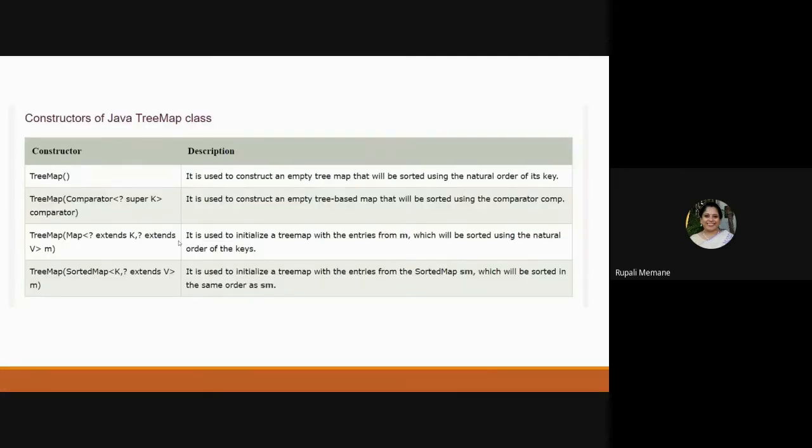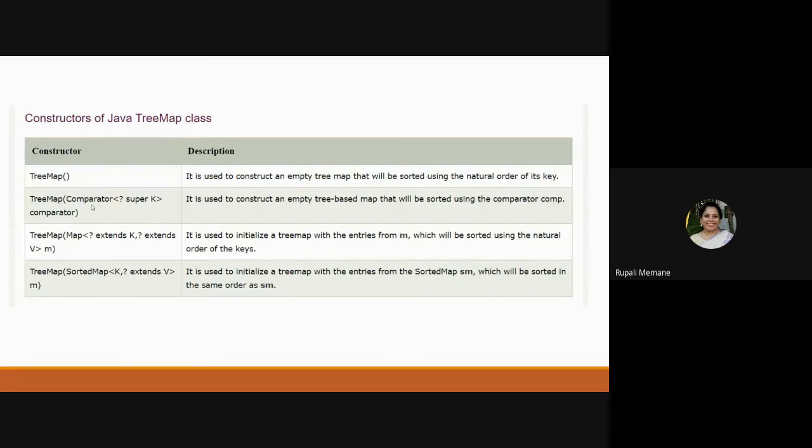Now coming to the constructors of a Java TreeMap. Again, you will have a TreeMap default constructor, which will create the map in the natural order. Then I will have a TreeMap with a comparator, which is used to construct an empty tree-based map that will be sorted using the comparator. So here I am giving it what to compare with.